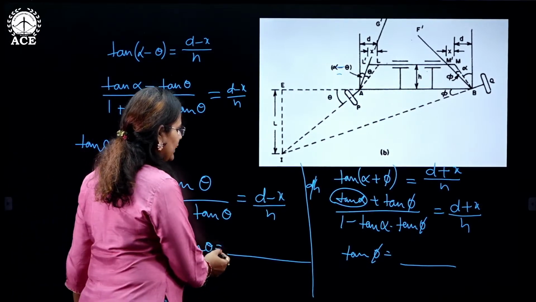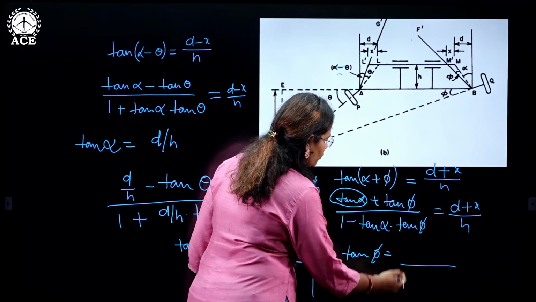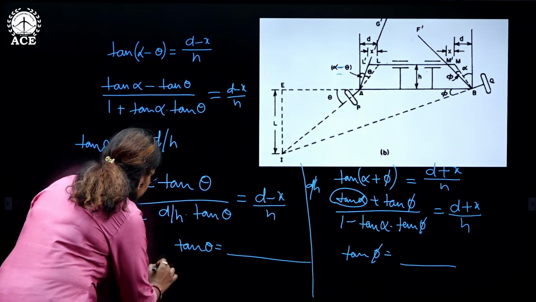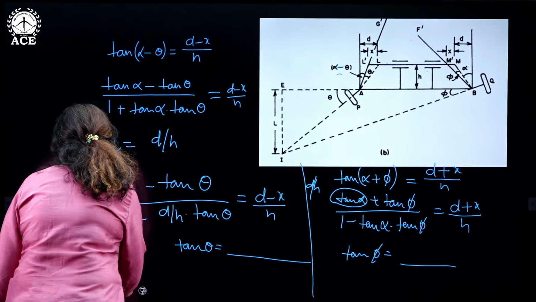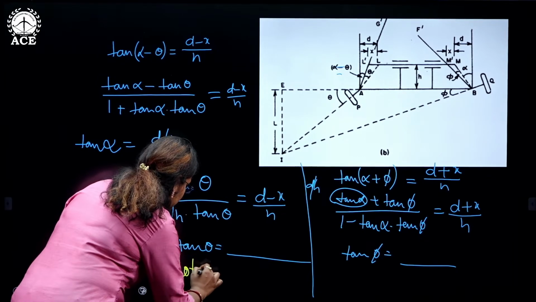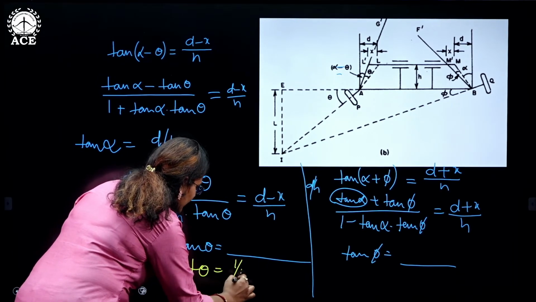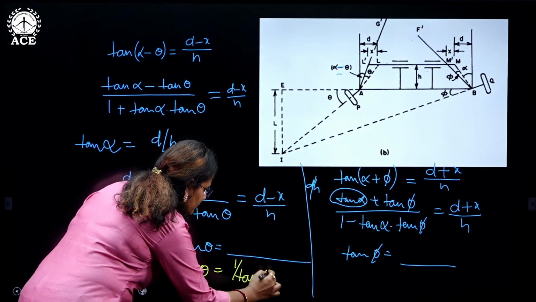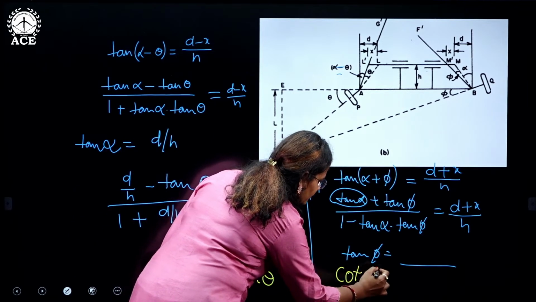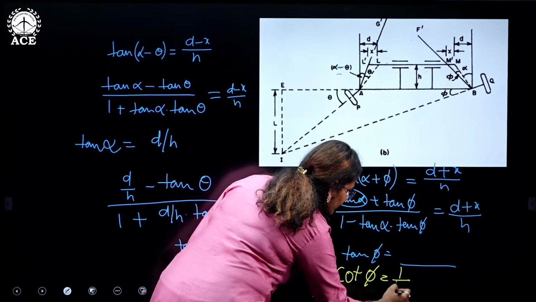Okay, so coming back to tan theta and tan phi, if I want to convert this into cot theta, I will get 1 by tan theta. Similarly, for cot phi, I will get 1 by tan phi.